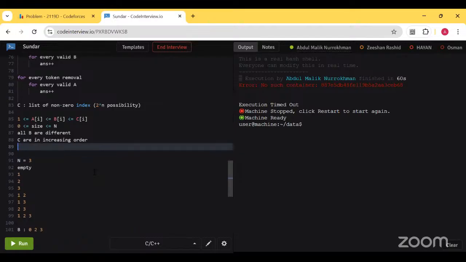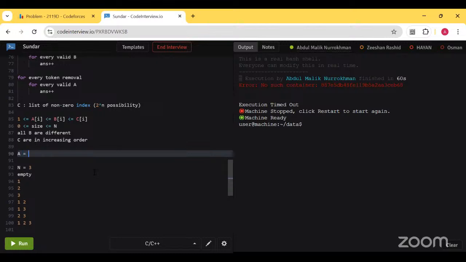For example, A is 2, 3. Or for example, A is 2, 1, B is, let's make it 1, 2, and then this is 1, 3. And C is 2, 3, for example.